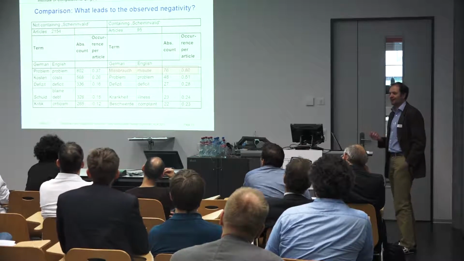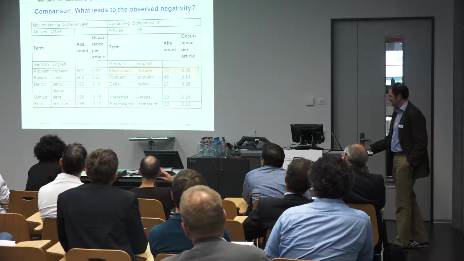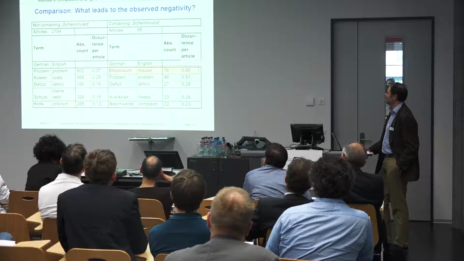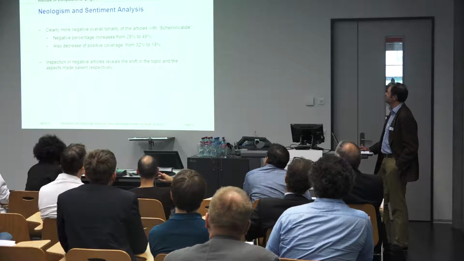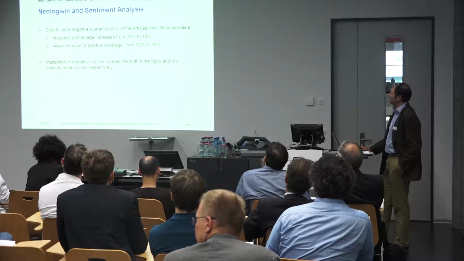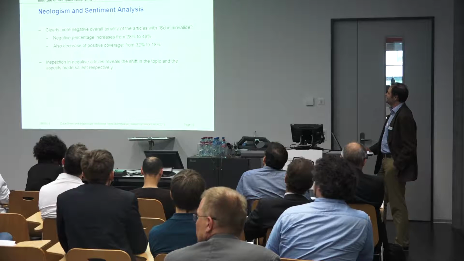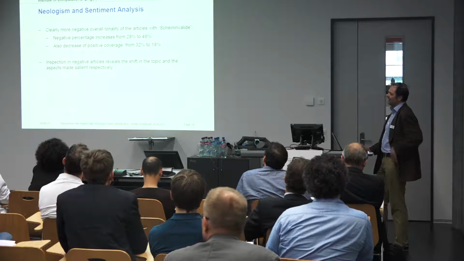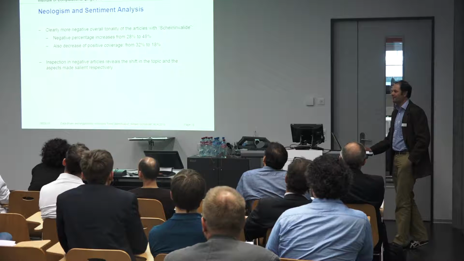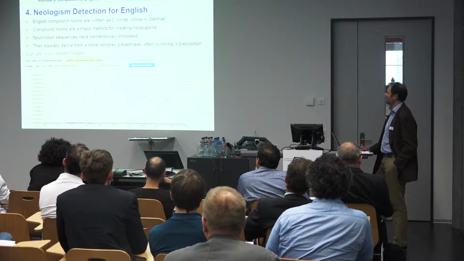Whereas the documents containing Scheininvalid have misuse, Missbrauch as the most important correlated words. So we have indeed seen, as we have expected, that negativity increases. And the stance, the words that correlate with this negativity are quite different.